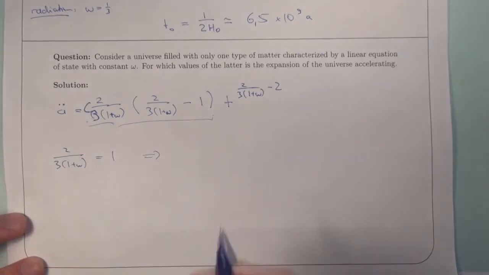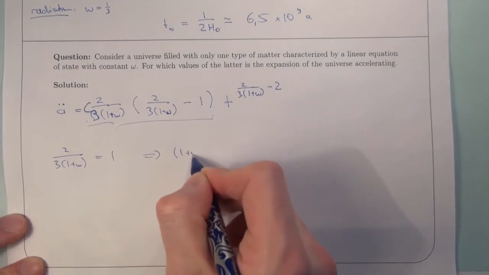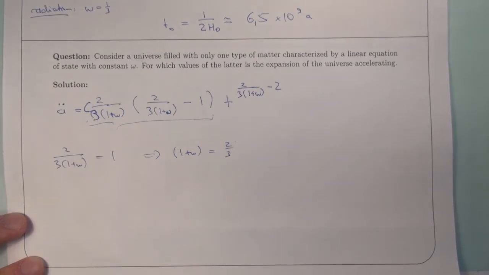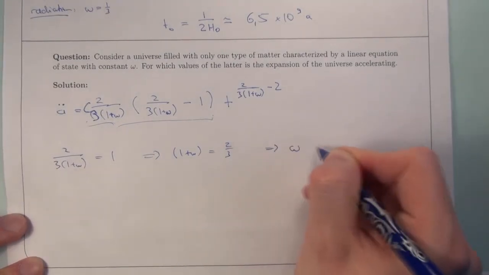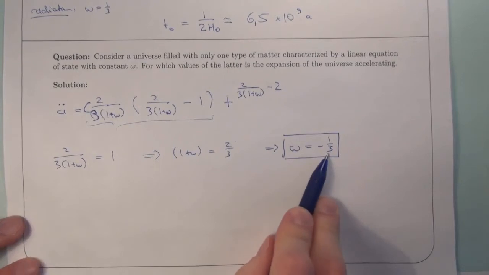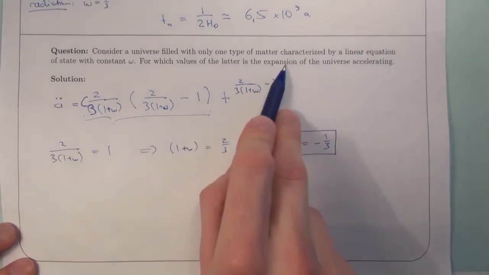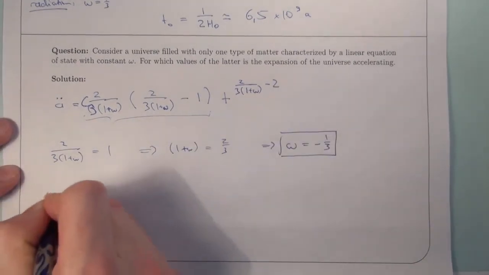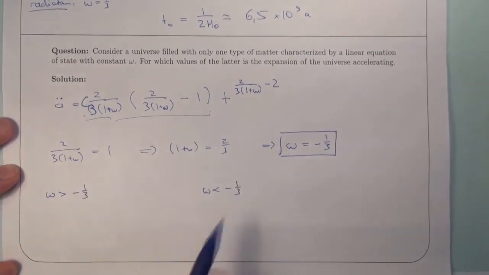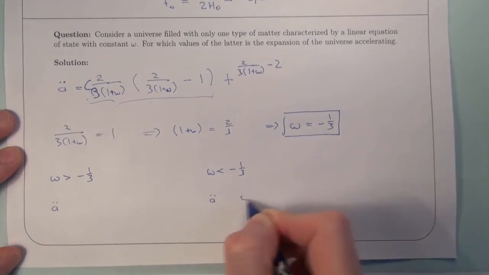So that means we have multiplied that over here, so 1 plus omega is equal to 3/2. This over here, the 3 stays, that's good, and this means omega equals minus 1/3. So this is the point where we have 0 acceleration of the expansion, and now we can say that if omega is larger than minus 1 over 3, we can make statements about the a dot dot.